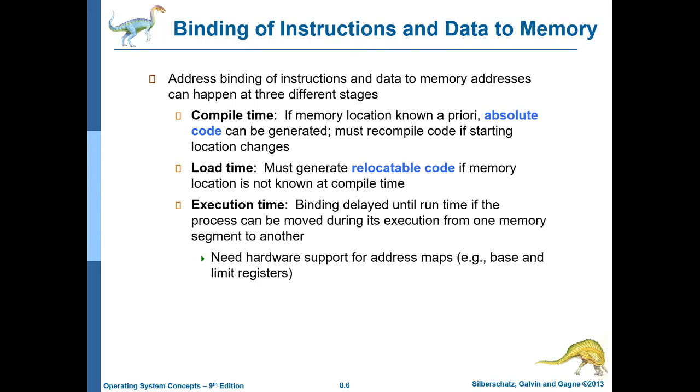So the next thing is to have these addresses bound at the load time. This binding takes place at the load time when you load the program into the RAM. And in that case, we must have the relocatable code, which means that we don't know about the starting address in which this program will be loaded, but we will generate a code with respect to any starting position.